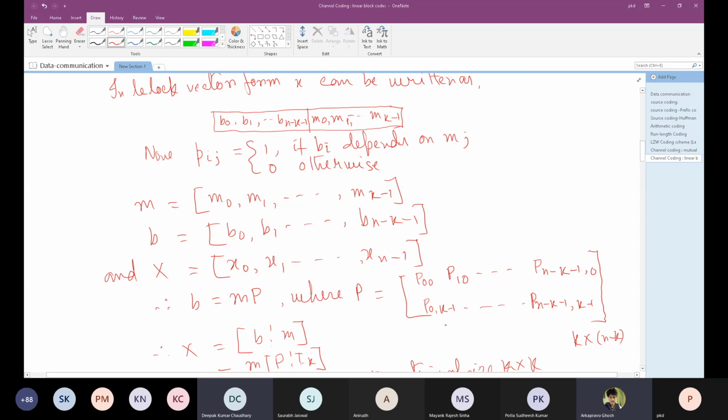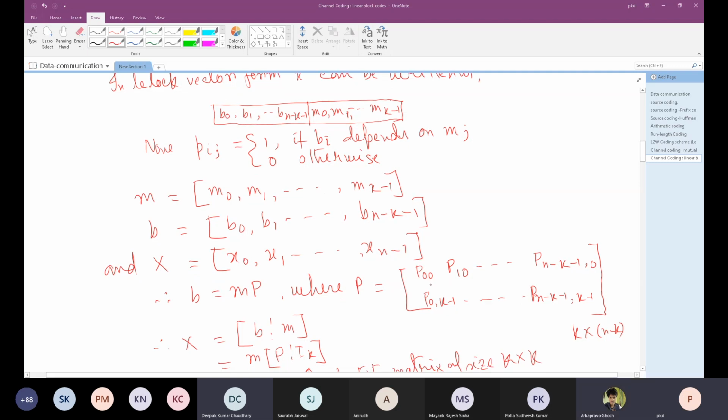Sir, the P matrix is K cross N minus K. Yes, it is a 4 by 3 matrix. So all these Pij are the parity bits, right? Yes. So, sir, there will be 4 into 3, 12 parity bits. No, this is 4 into 3.